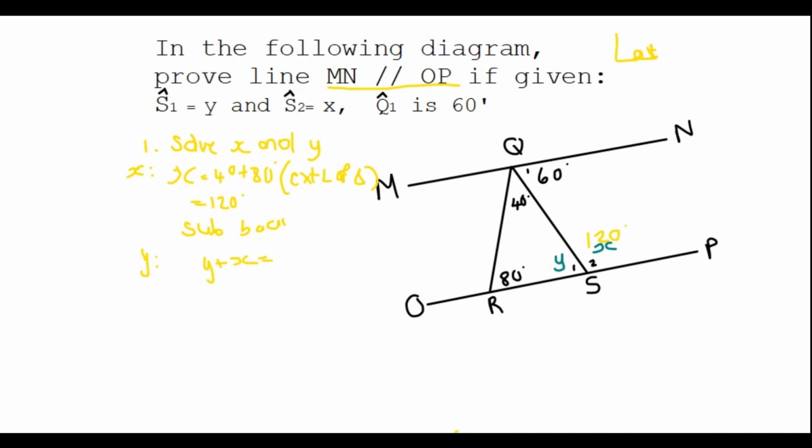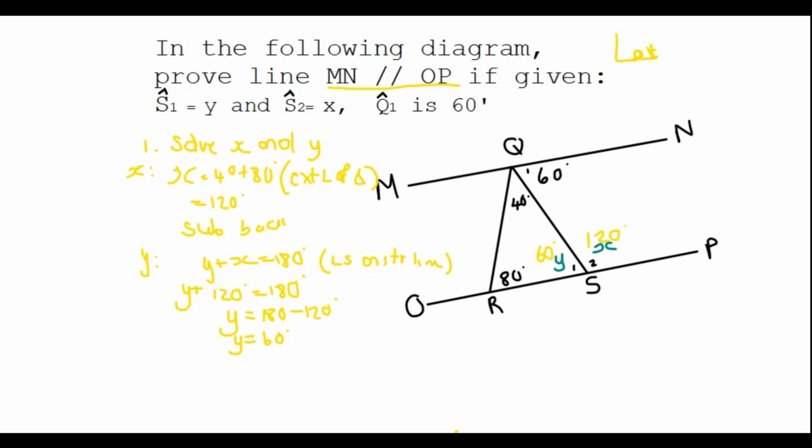They'll give me 180 degrees. Angles on a straight line is the reason. And X, we found in the previous answer, is 120 degrees. Together, they give you 180. If I want to isolate Y, I need to take the 120 over, and I need to subtract it to take it to the other side. I'm left with 60 degrees. Let's go write it back in on our diagram.